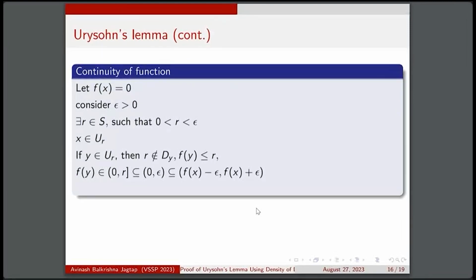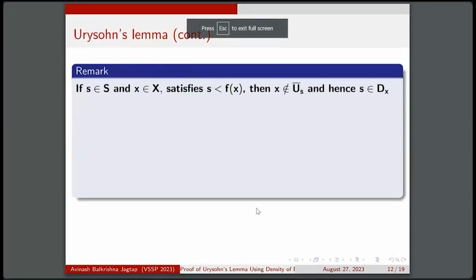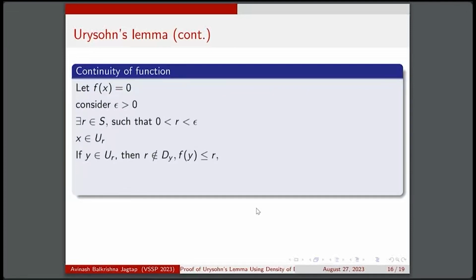Why is f(y) less than or equal to r? Because if r is less than f(y), I know that r is an element of D_y. That I actually proved in the lemma. In this remark, I proved that if s is less than f(x), then s is an element of D_x.